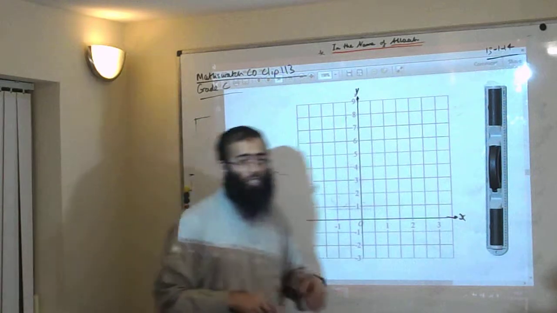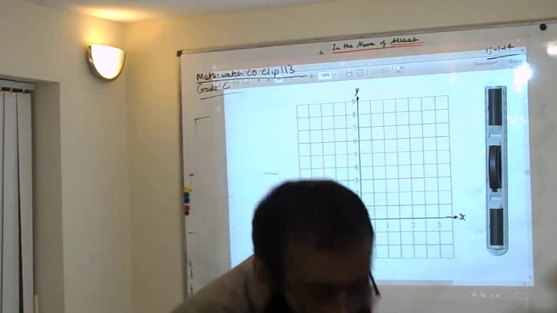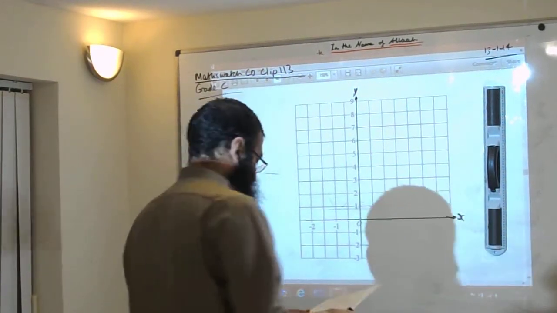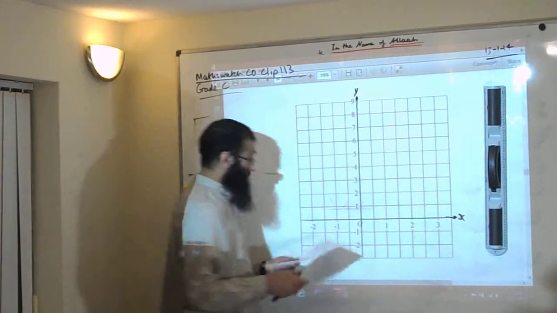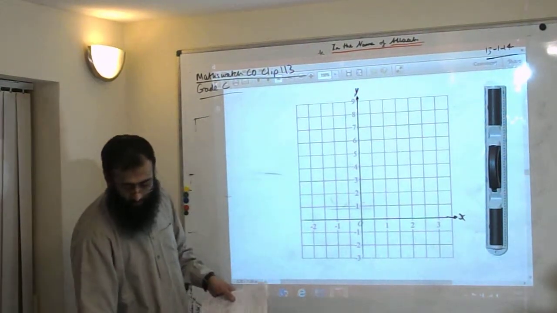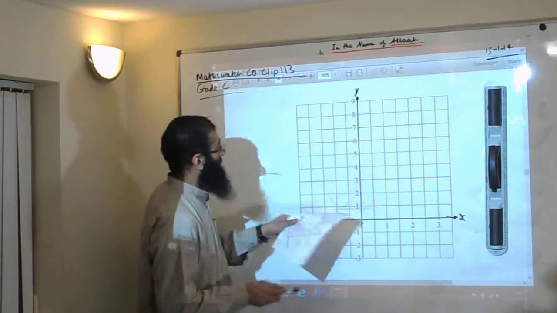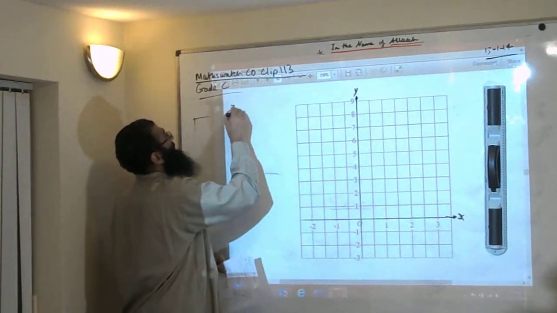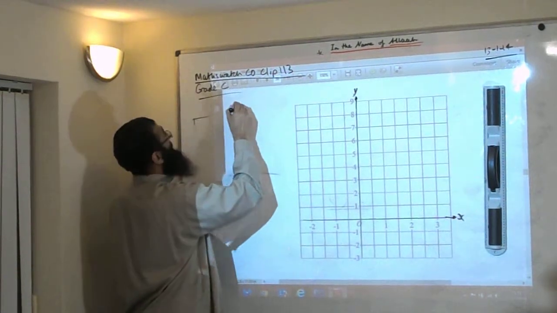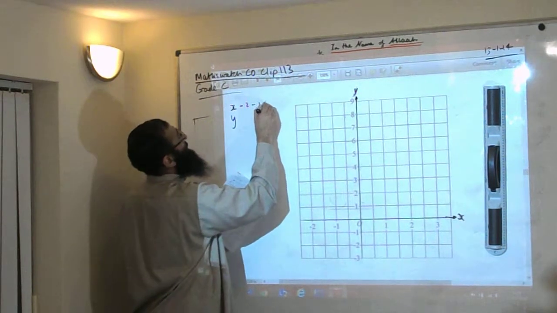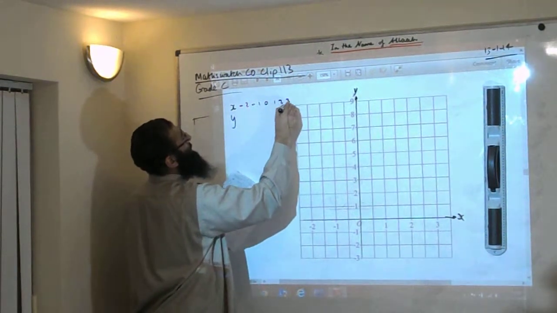Okay, now I need to grab your sheet because I can't remember the values from before. Okay, hopefully those are the right values. I will quickly draw the table out. So what do you have? Minus 2, minus 1, 0, 1, 2, 3. Is that right, Layla?